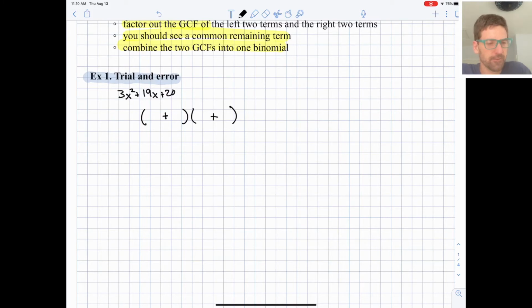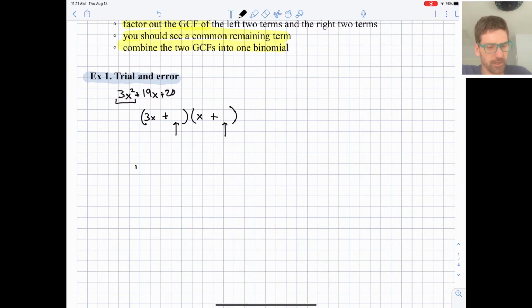And then I want to factor the 3x squared into two different terms. And luckily, 3 is a prime number, so it only factors into a 3 and a 1. So we're going to have a 3x and an x to start things off. Okay, and now we need to think about factors of 20 to throw in here.